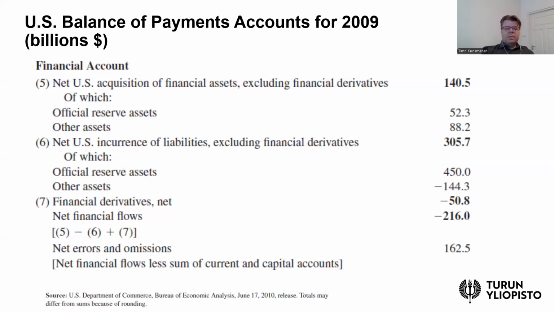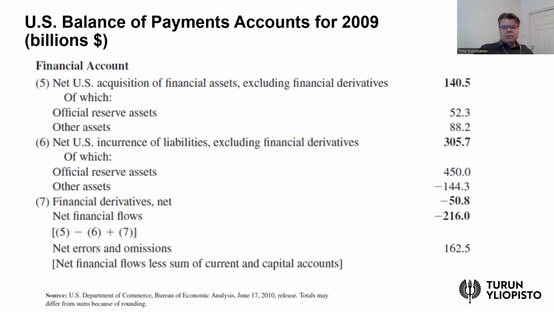In principle, when we think about this kind of bookkeeping, the financial flow should match the current account. So if we have trade of goods and services with a current account deficit, we see that item number 5, net US acquisition of financial assets, is smaller than item number 6, the incurrence of liabilities. So both the financial account and the current account are negative.